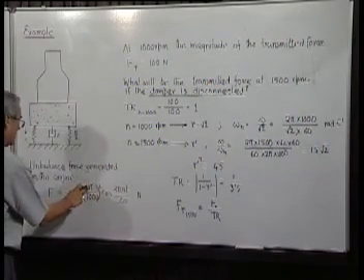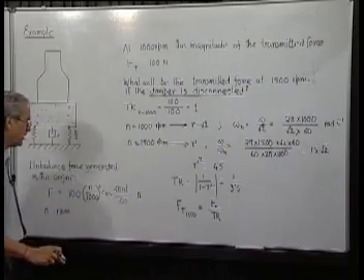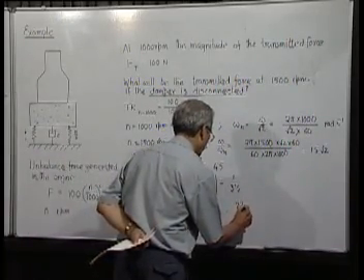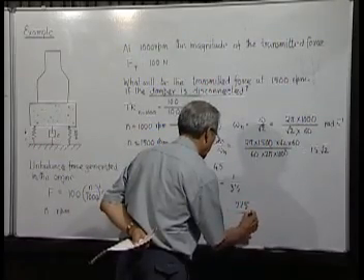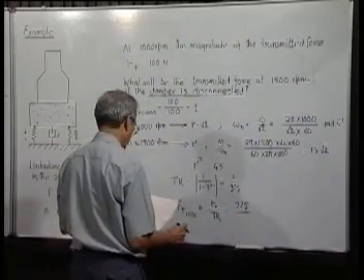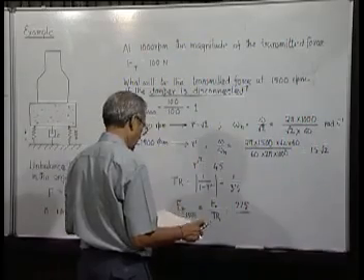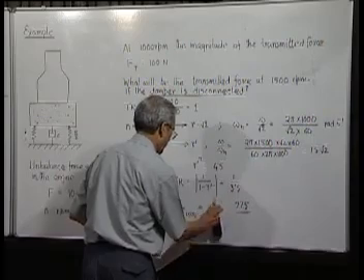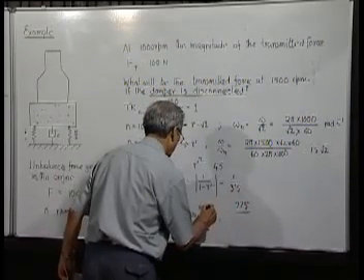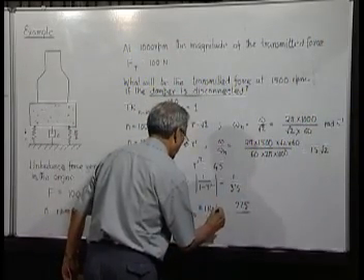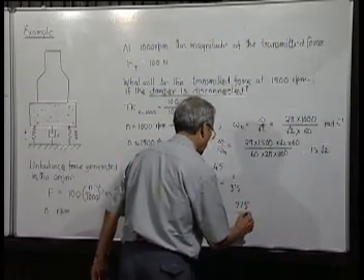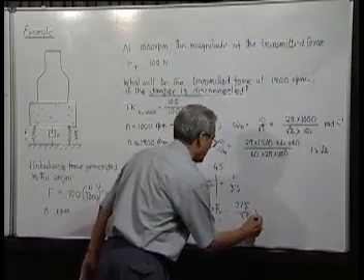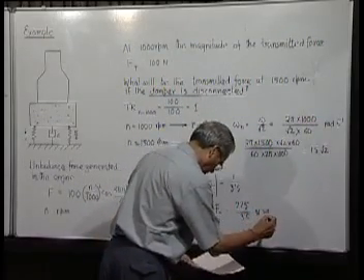It will be simply 1.5 square into 100, that is 225, and transmissibility will be 1 by 3.5, so much of Newton, approximately.